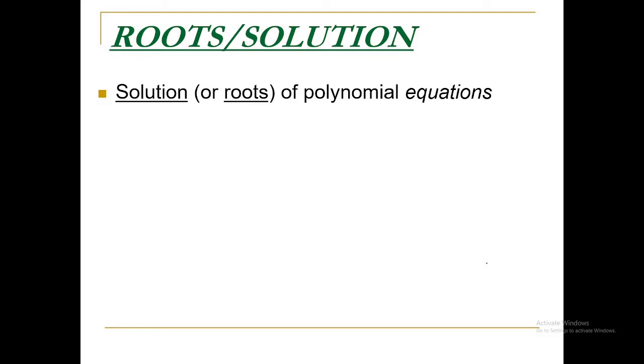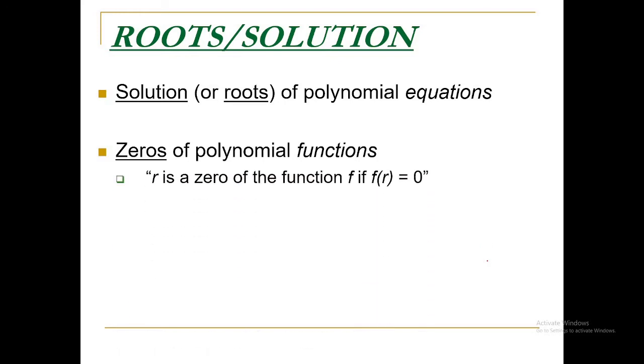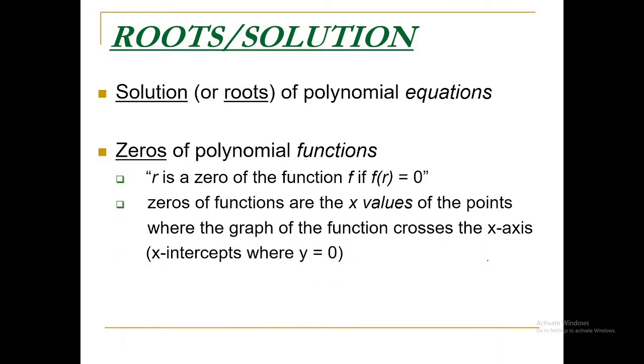Now, we will be having the word solution. It refers to the roots, and it's the same as saying zeros of polynomial functions. When I talk about zeros, r is a zero of a function if the remainder again is 0. Also, zeros of functions are the x values of the points where the graph of the function intersects or crosses the x-axis.